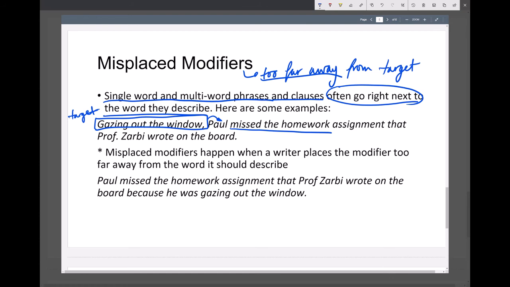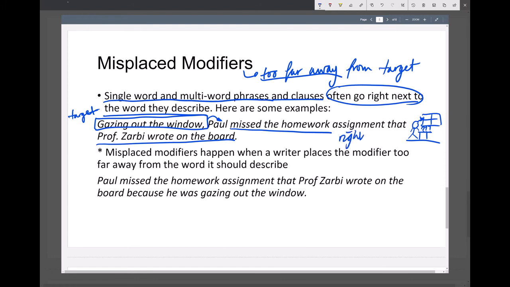So he's just looking out the window, and when he's doing that, he's missed his homework. So this is a sort of in the moment type of thing. Right now. Something that's happening right now.